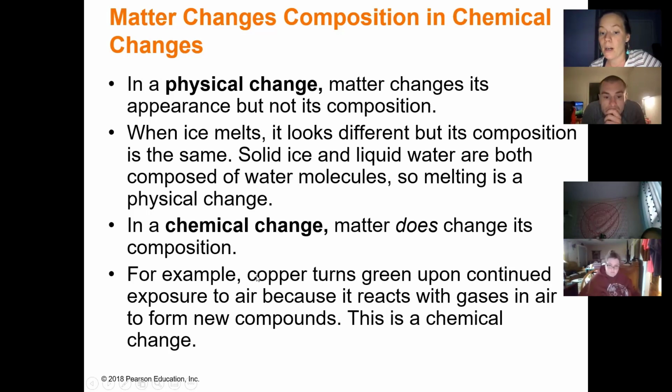If you ever had copper and it's patinaed or turned green, same thing if you have silver and it's tarnished, or let's say you have an iron nail, and it rusts. Those are all examples of a chemical change. Those metals are interacting with the oxygen around them, and they're pulling that oxygen in to form a metal oxide. So the new material that you have is actually different from the starting material.